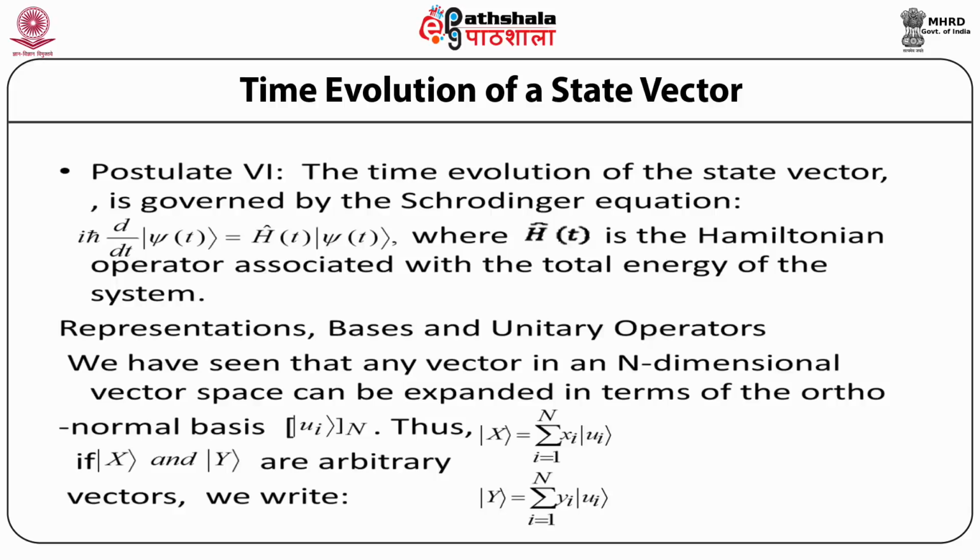The time evolution of the state vector is governed by the Schrödinger equation, that is, the time-dependent Schrödinger equation, which is given as iħ d/dt of the ket vector psi as a function of t is equal to the Hamiltonian operator H as a function of t times the ket vector psi as a function of t, where the operator H as a function of t is the Hamiltonian operator associated with the total energy of the system, and ħ is equal to h by 2 pi, where h is the Planck's constant.